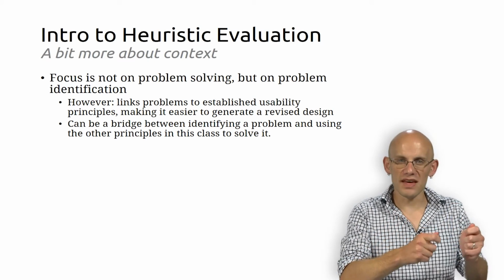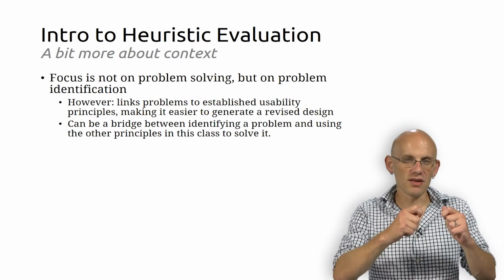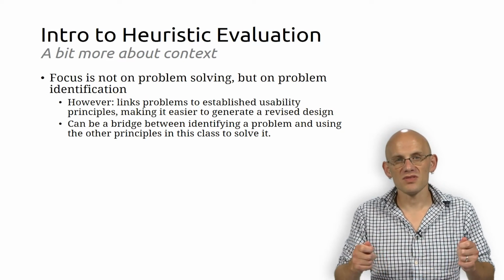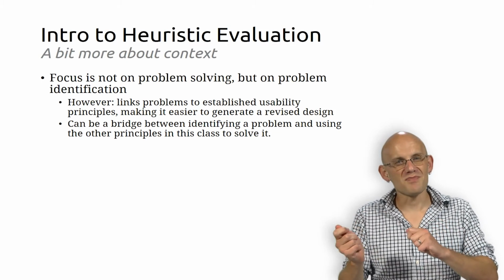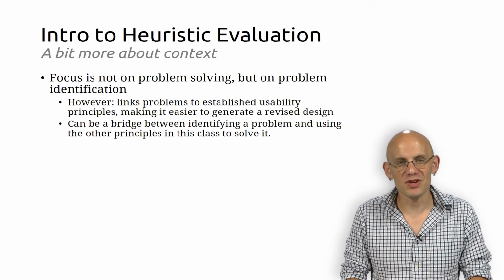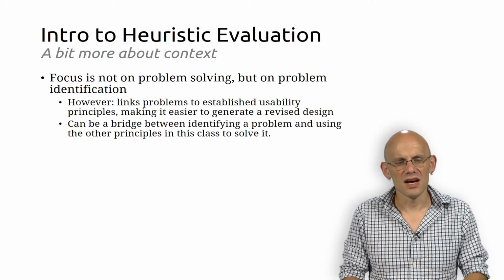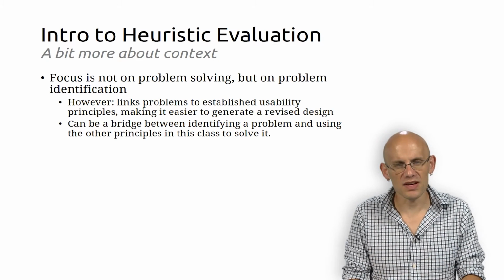So, for instance, with the error prevention problem with Google Maps, you might have a technique from another part of this course you can use to fix it. You'll learn that there are these mappings between certain heuristics and certain solutions, and certain problem contexts and certain solutions, problems that arise through heuristic evaluation.